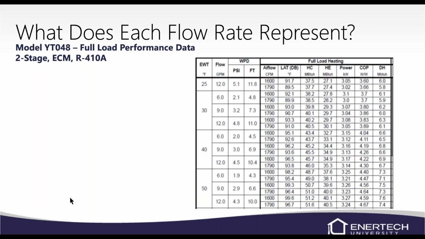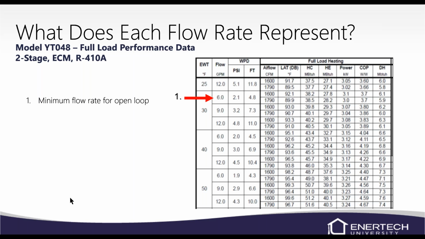Well, that's fine for an open loop. These flow rates, the first flow rate is the minimum flow rate for an open loop. On an open loop, we consider that like a pump and dump. We're pumping from a well and we're dumping back into a drain, or we're pulling out of a lake and we're dumping back into a pond. Something where we're not reusing the water.